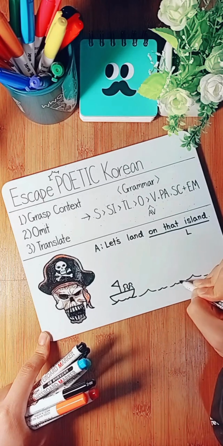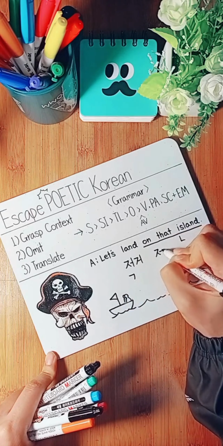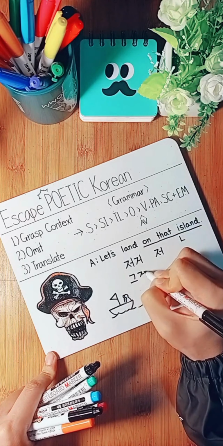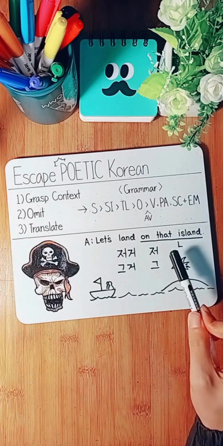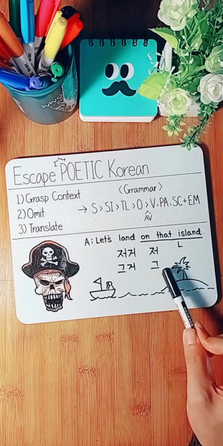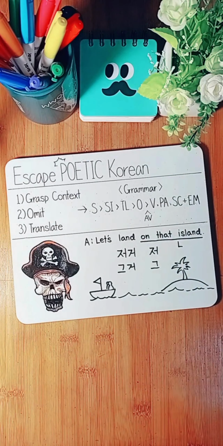Okay, so first of all, now we have to know whether we will use a version that starts with J or starts with G, right? It could be 저거 or 저. It could be 그거 or 그. Now all these 4 words can be that, and that. Okay, so which one should we use?